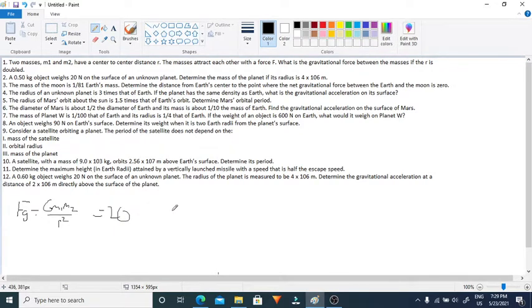Right, so what I want to find is now when the change equals 20. But now we have G M1 M2 over r plus that extra distance, so 2 times 10 to the 6 meters.